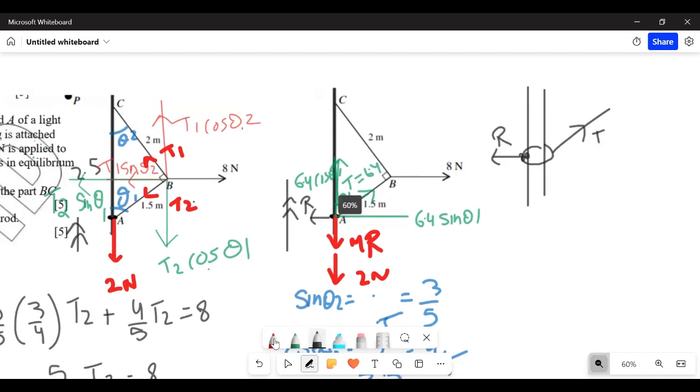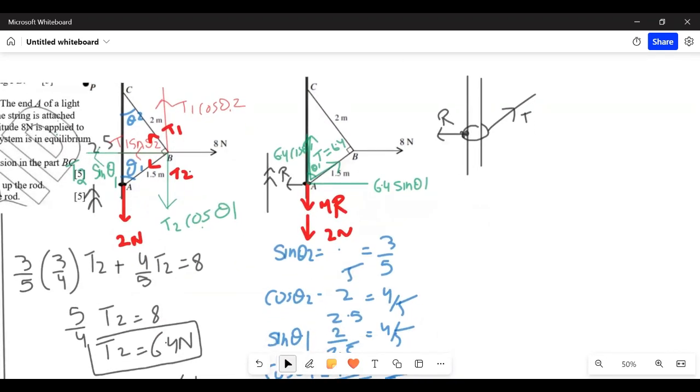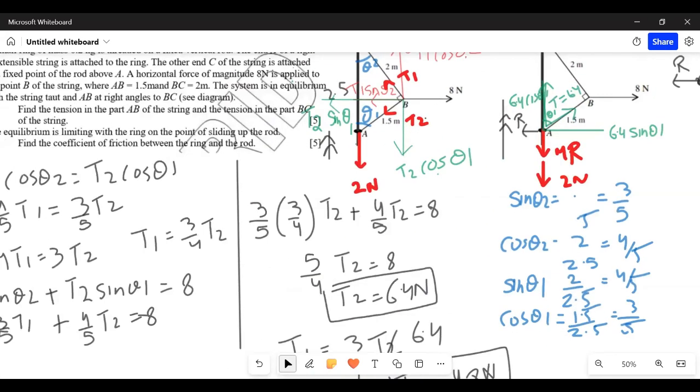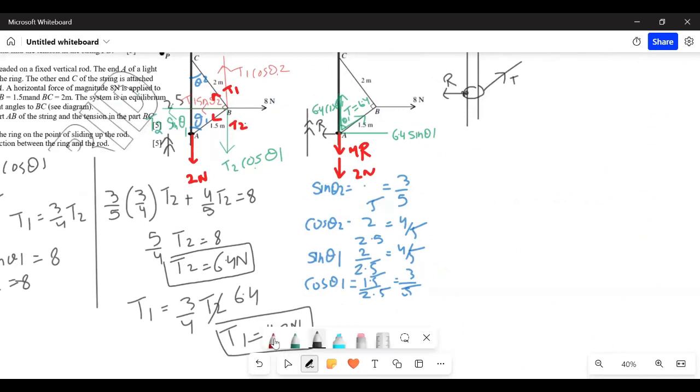Okay. Now we have to find the value of mu. So let's equate the up and the down forces. This is part 2. Up force is 6.4 cos theta1 equals down forces are mu R and 2.